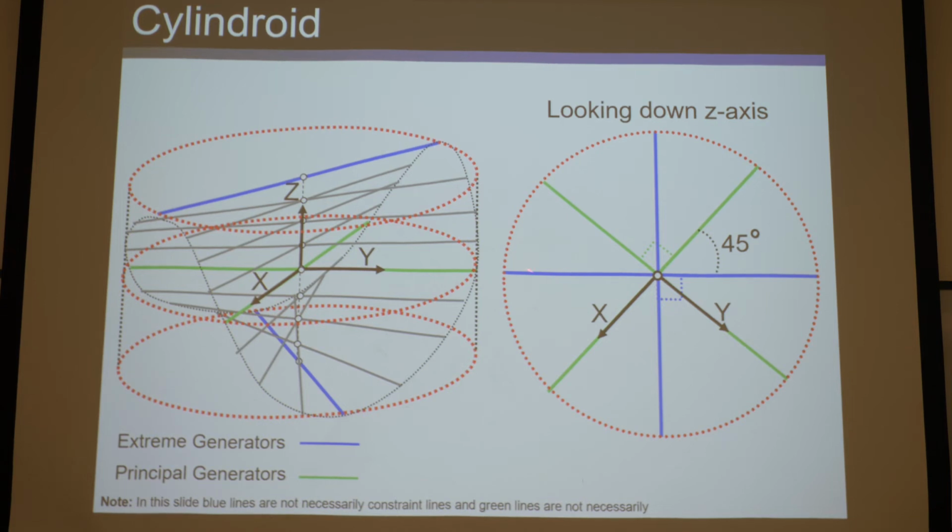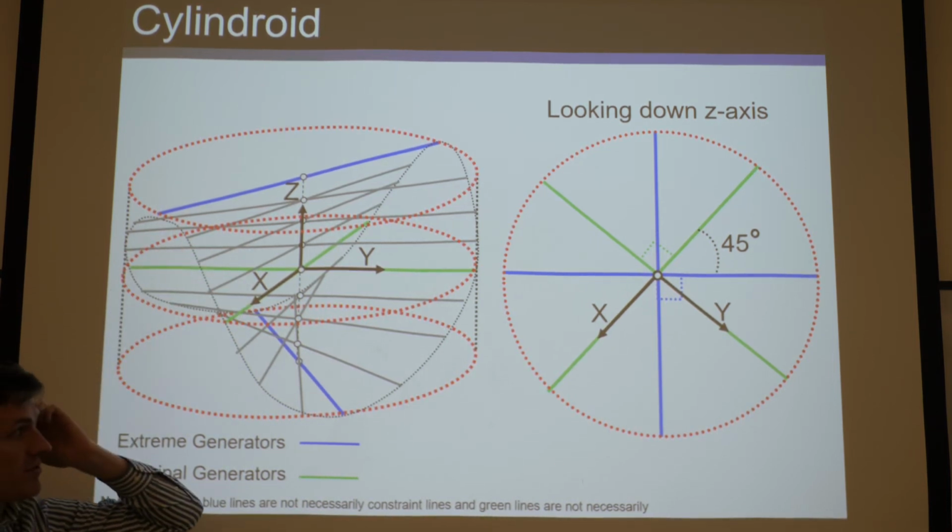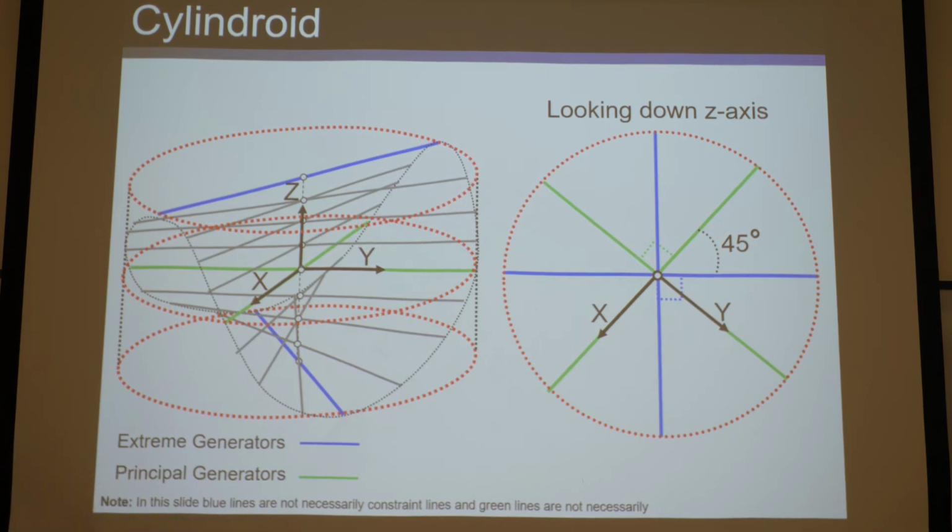But you'll notice both principal generators are 90 degrees and both extreme generators are 90 degrees. So the extreme generators are always 90 degrees for any cylindroid, and same thing with the principal generators. The principal generators are always halfway down, and they're always spaced 45 degrees. So that's how they always are.